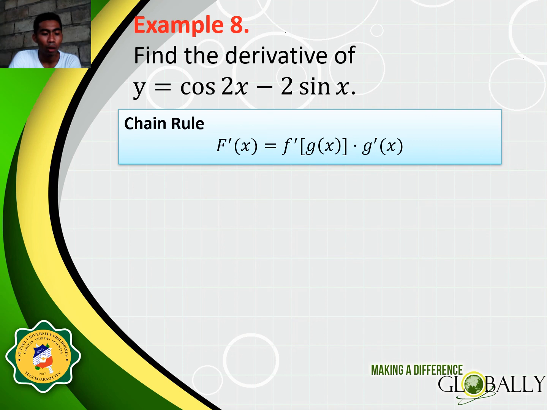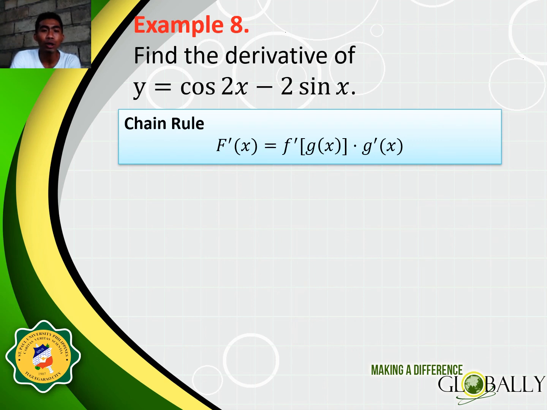If f and g are both differentiable and F of x is a composite function defined by F of x equals f of g of x, then F is differentiable and F prime is given by the product, F prime of x equals f prime of g of x times g prime of x.